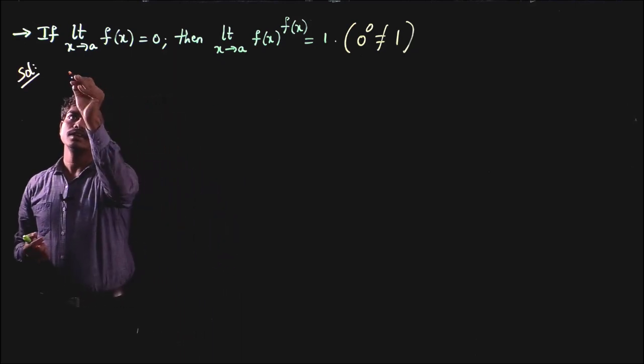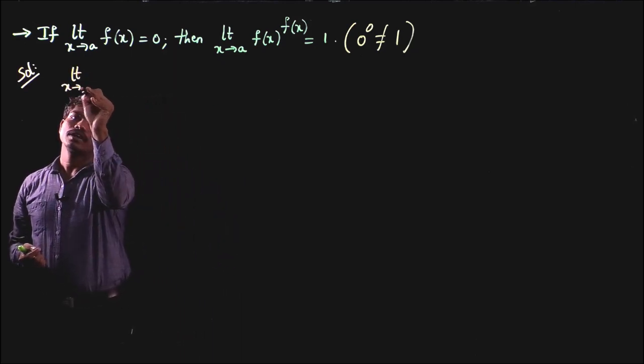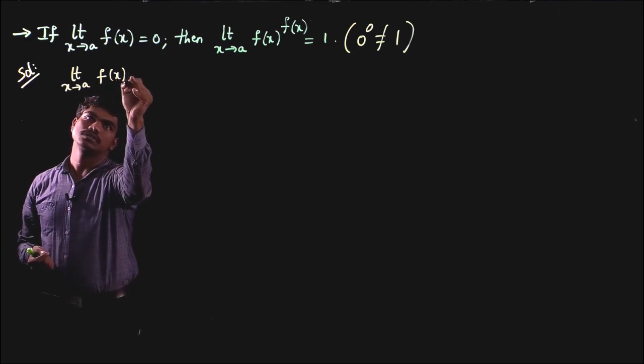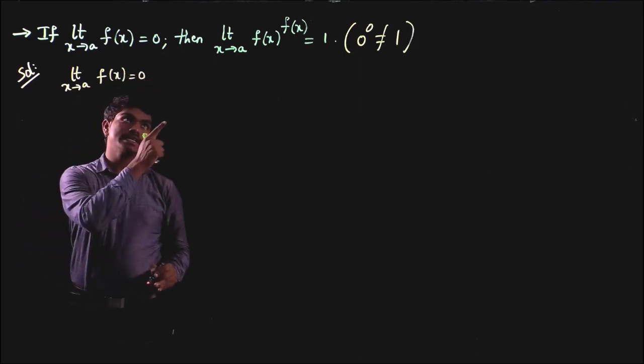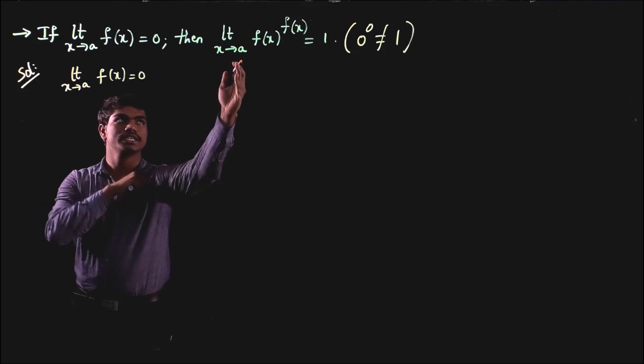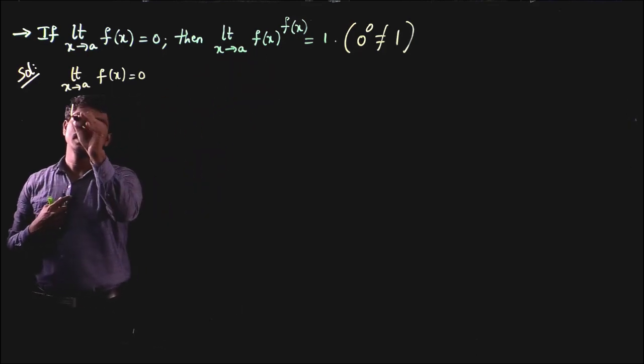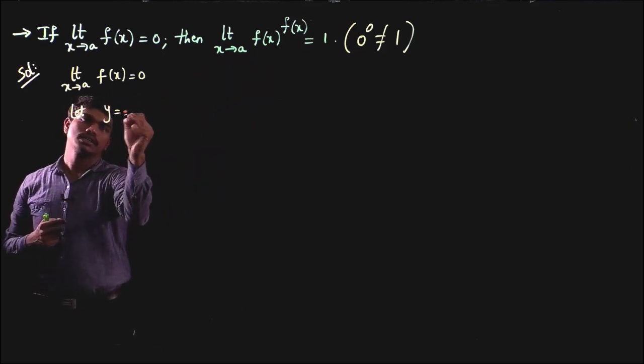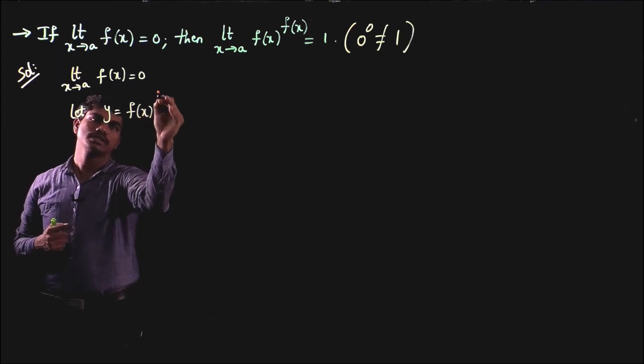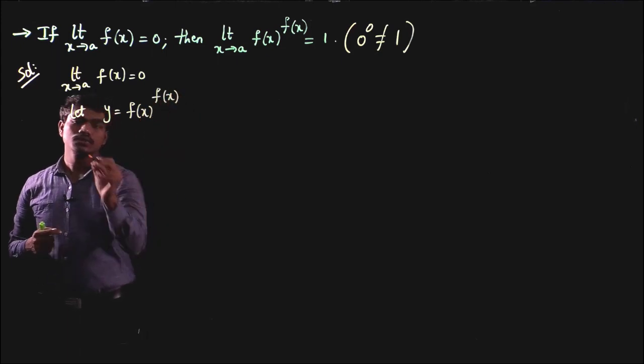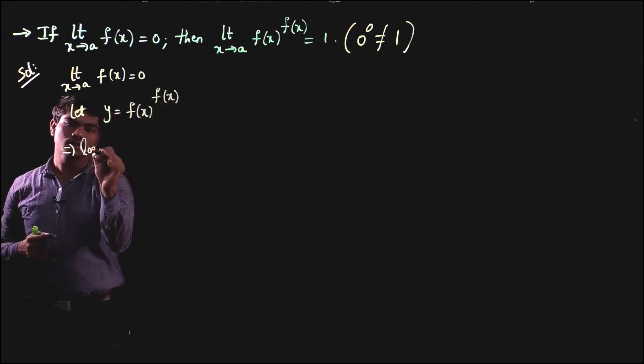Now it's given limit x tends to a f of x is equal to 0. Correct? Now if you see carefully, we are going for the value of limit x tends to a f of x power f of x. Let y is equal to f of x power f of x. So let us try to apply logarithm on both sides of this equation.